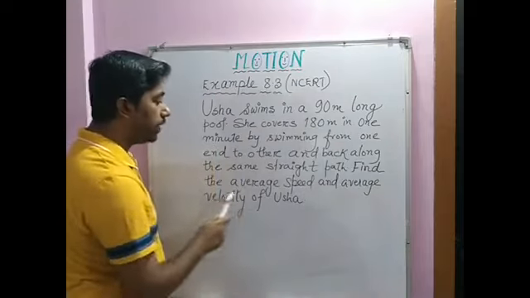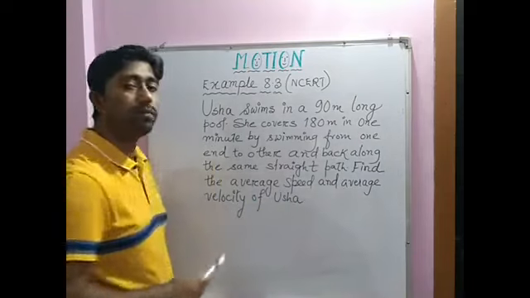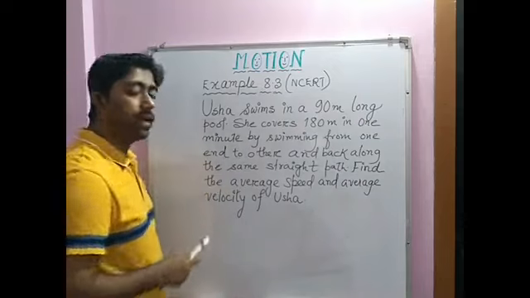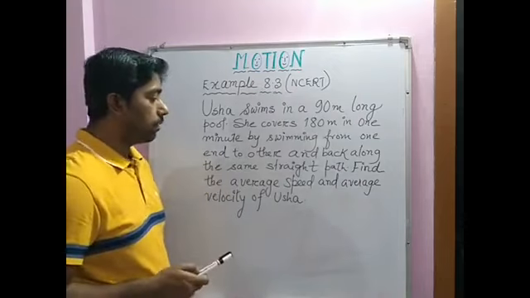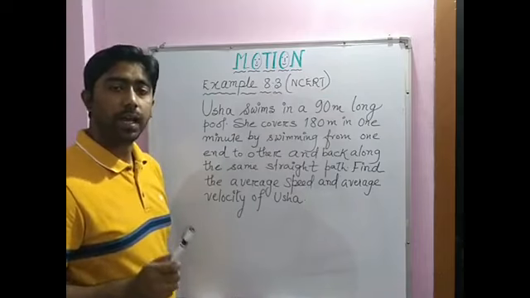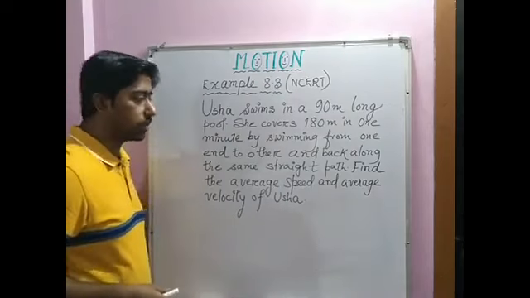You are asked to find average speed as well as average velocity of Usha. This question is interesting. Okay, and it will help you in understanding average speed and average velocity. So let us solve it.